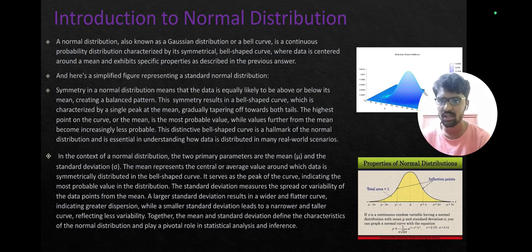The standard deviation measures the spread or variability of the data points from the mean. A larger standard deviation results in a wider and flatter curve, indicating greater dispersion, while a smaller standard deviation leads to a narrower, taller curve, reflecting less variability. Together, the mean and standard deviation define the characteristics of a normal distribution and play a pivotal role in statistical analysis and inference.